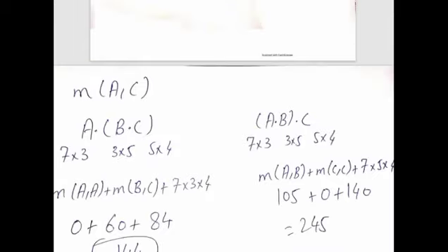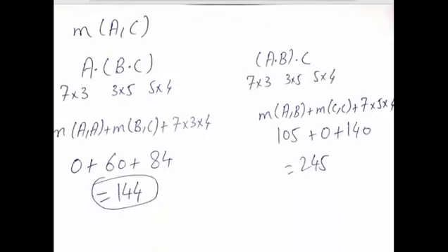Now see here, if we are going to find out x A comma C, which means that we have to multiply the matrix A with C, there can be two possibilities.